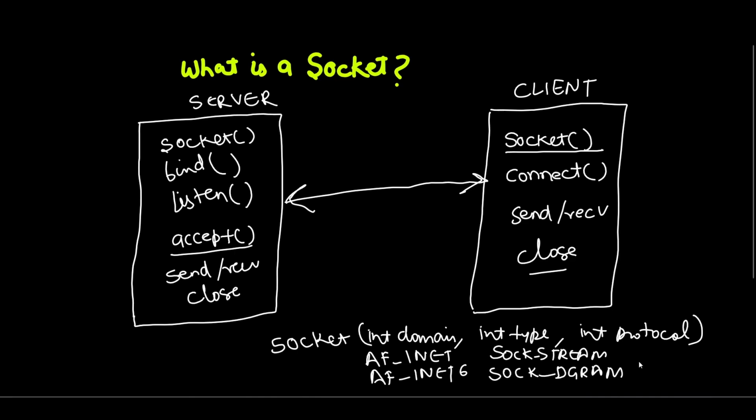For the protocol, for now, we will take zero. We'll explain later what it does. Once we create the socket, we get a file descriptor, a positive FD. If it is -1, then there is an error and we won't get the file descriptor. So this is the error check.